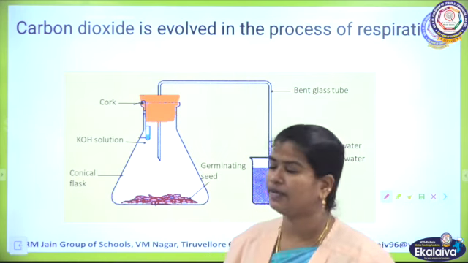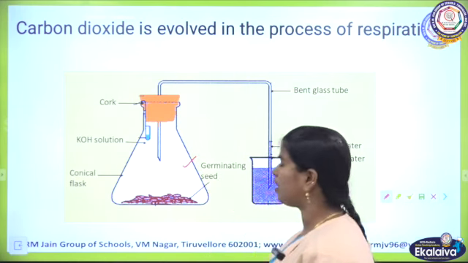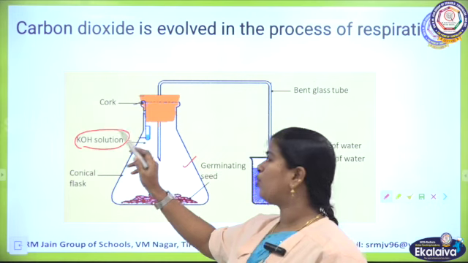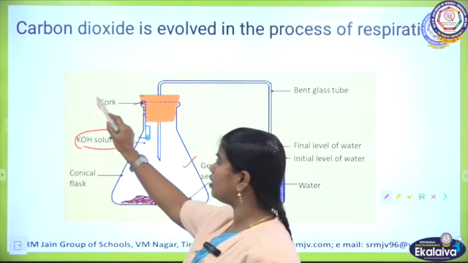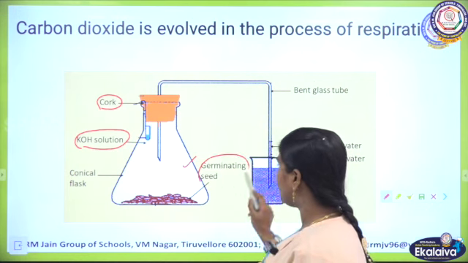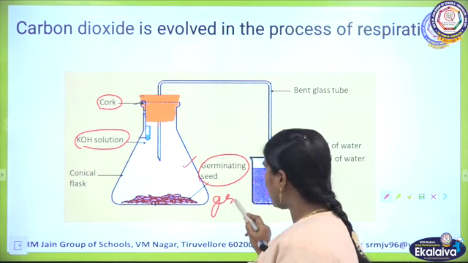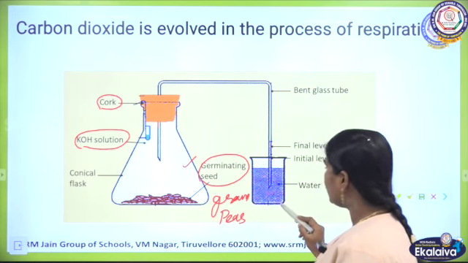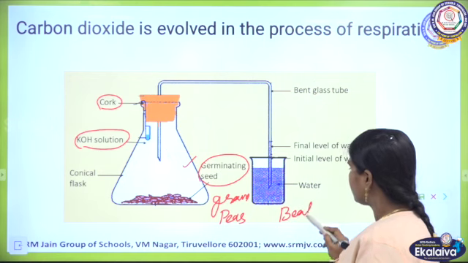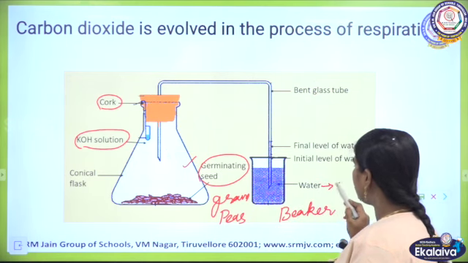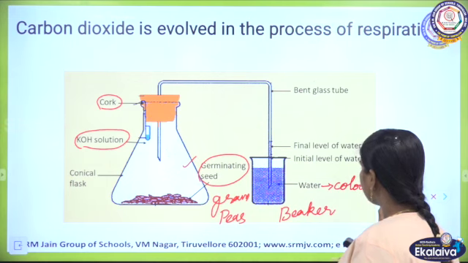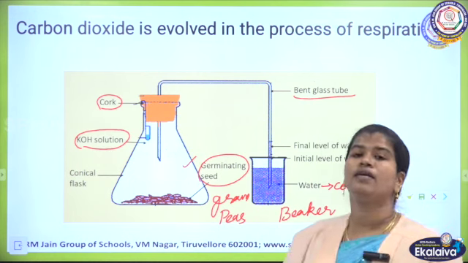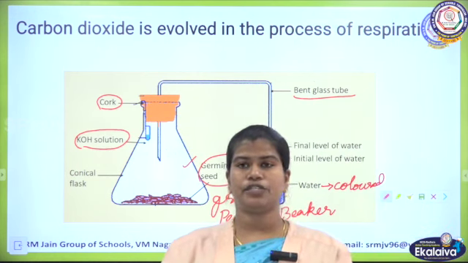We need a conical flask and KOH solution, where KOH stands for potassium hydroxide, a cork, and some germinating seeds, which may be gram seeds or peas. We also need a beaker, colored water and a bent glass tube. These are all the materials required to perform this activity.